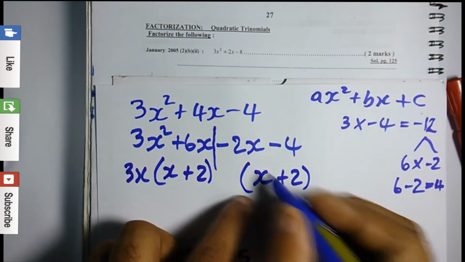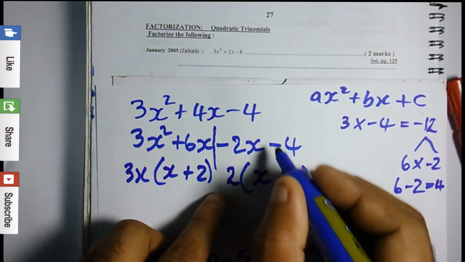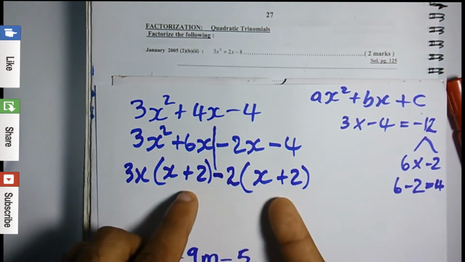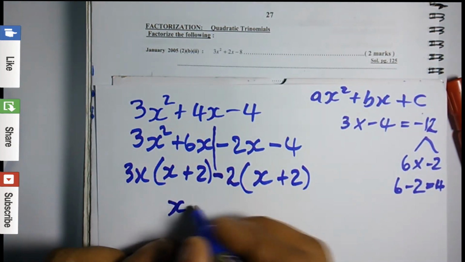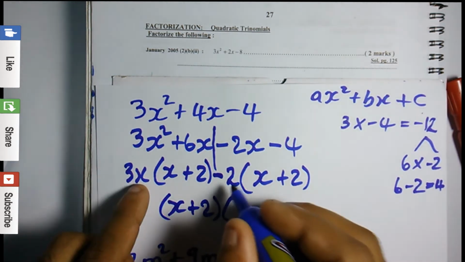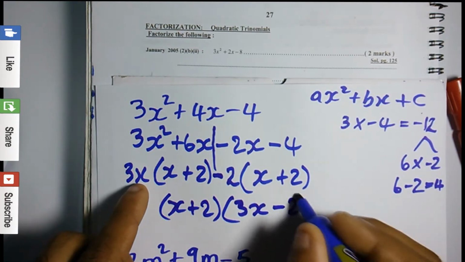Realize up here 2 is common and the signs have changed from negative to positive, so we put a negative outside. Remember, anything we have twice, we write it down once, so it's x plus 2. And anything that's outside the brackets, we put in a bracket by itself, which is 3x minus 2.